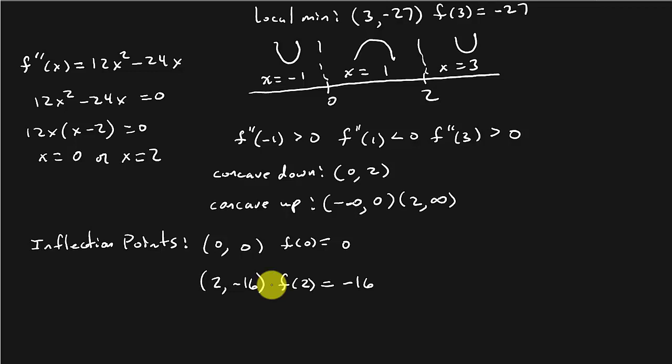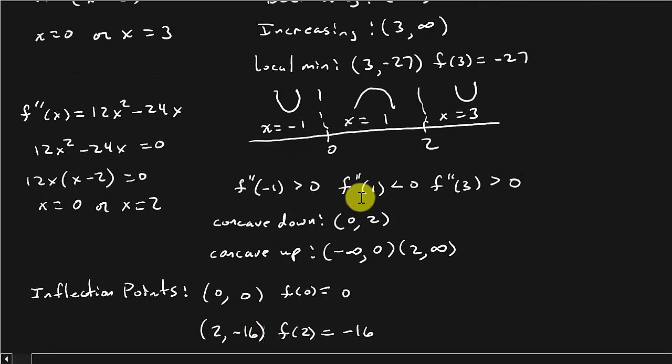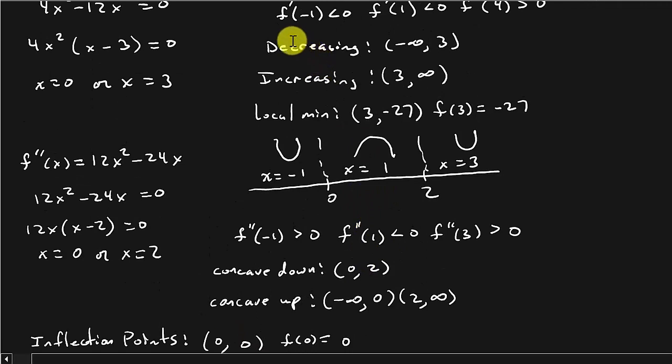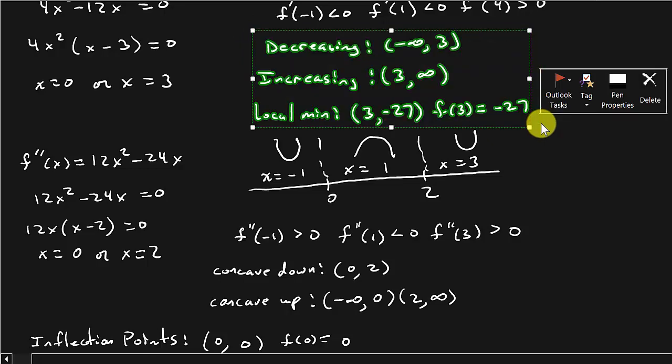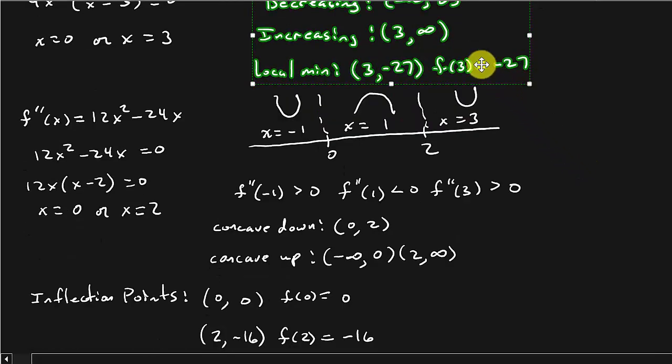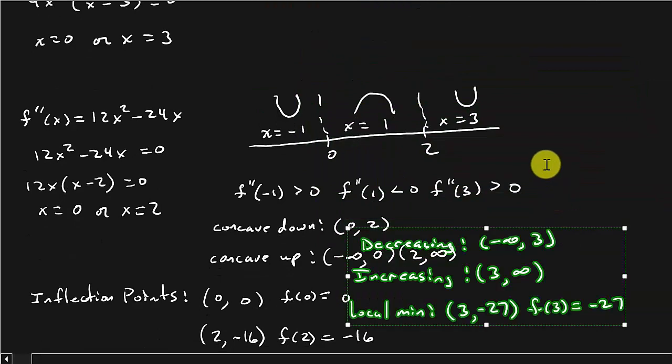All right, so now we have found everything we need to find. Okay, we found everything: increasing, decreasing, local max, min, concavity, and inflection points. And what I am going to do here is, let's see if I can grab this. Let's grab this and pull this down.